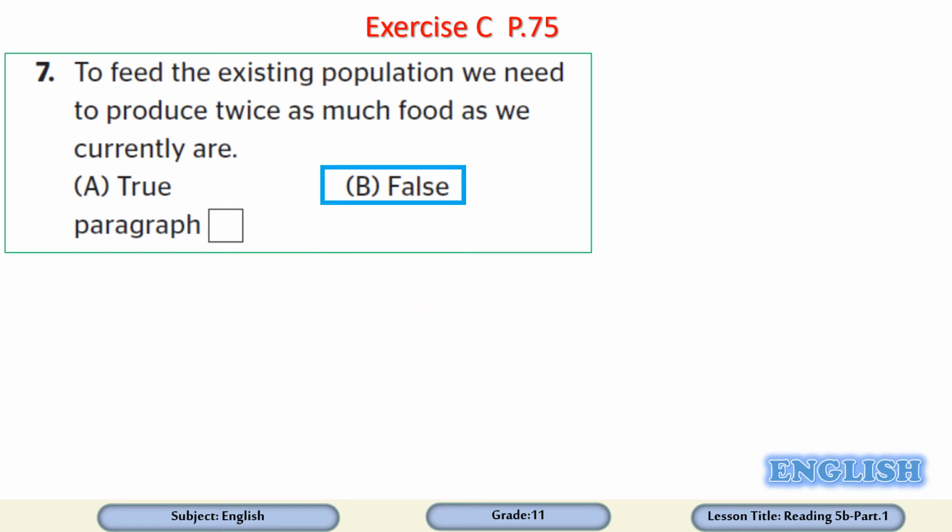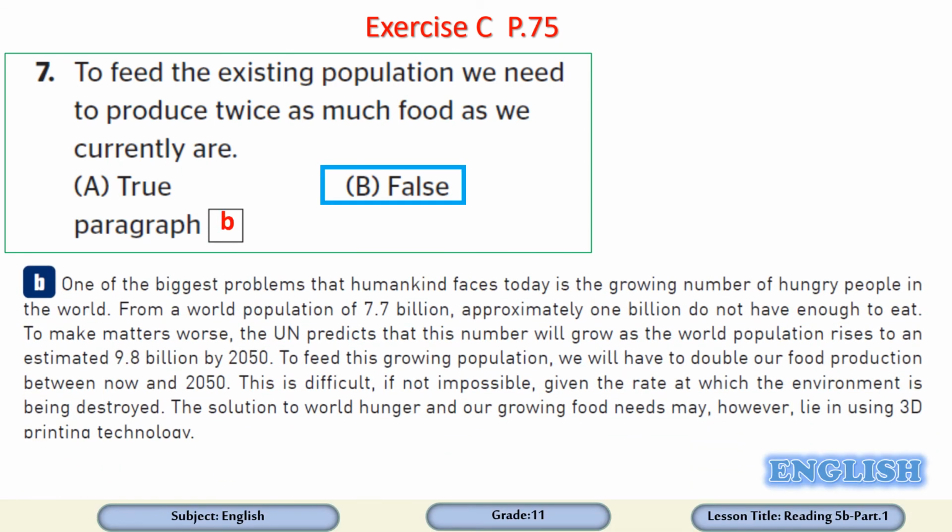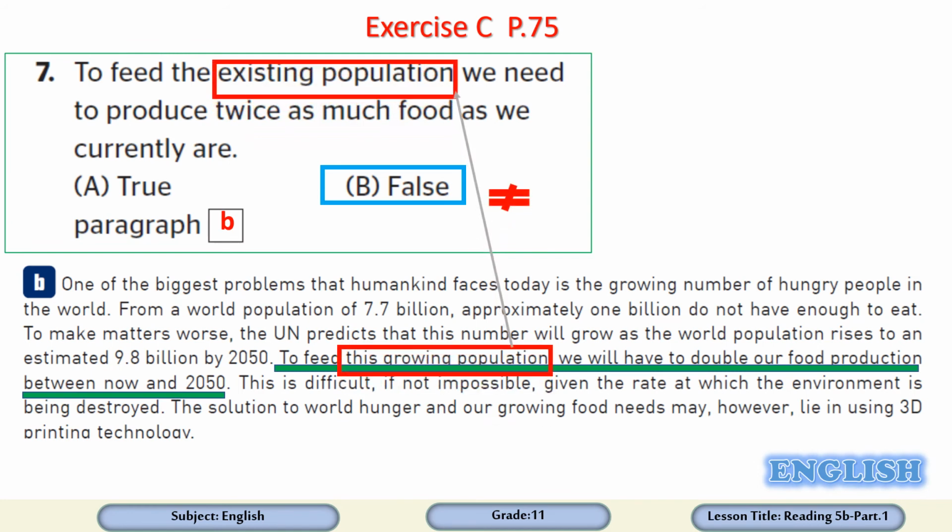It's false, and the justification is in paragraph B. The paragraph says to feed this growing population, we will have to double our food production between now and 2050. But in the statement, we have existing population. So this makes the statement different from the paragraph, and so the statement is false.